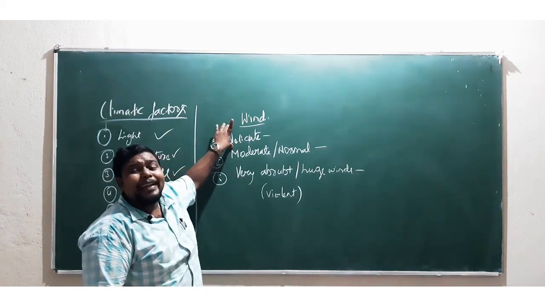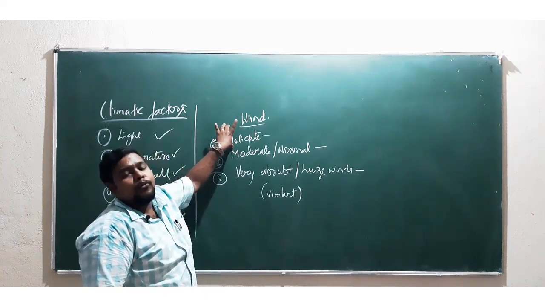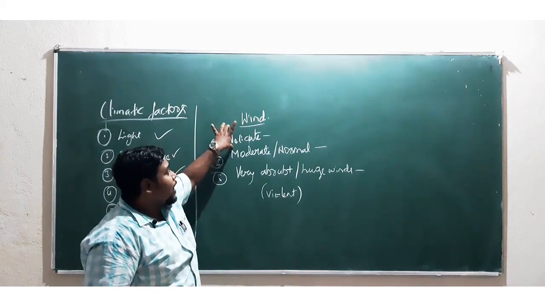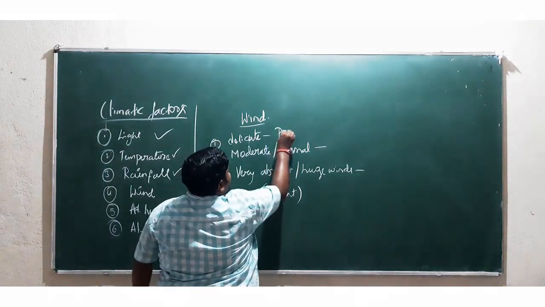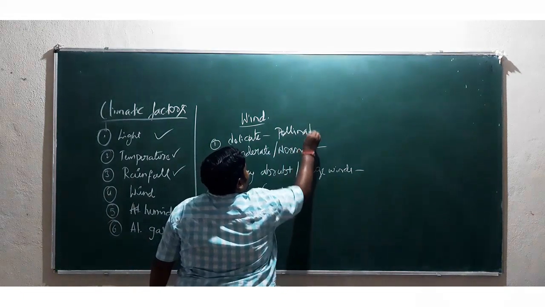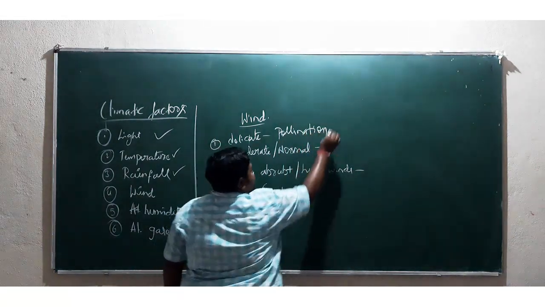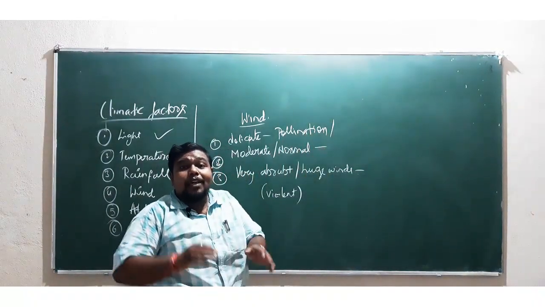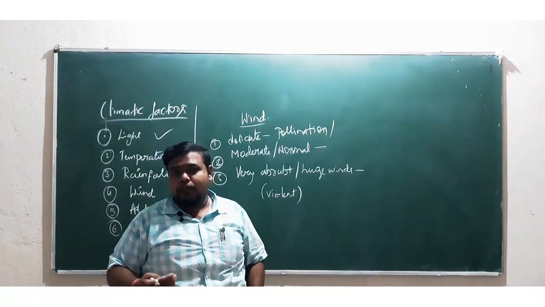In case of a delicate wind, they are not at all harmful for the plant, and they can also help in pollination here. This is one advantage, and the second one, they will not take away the atmospheric humidity here.